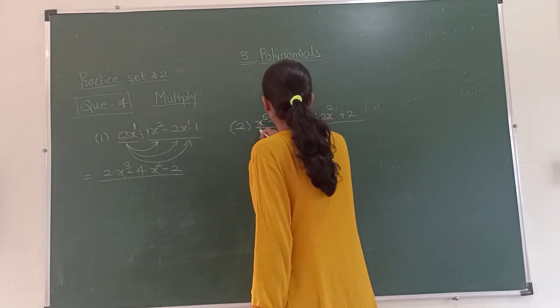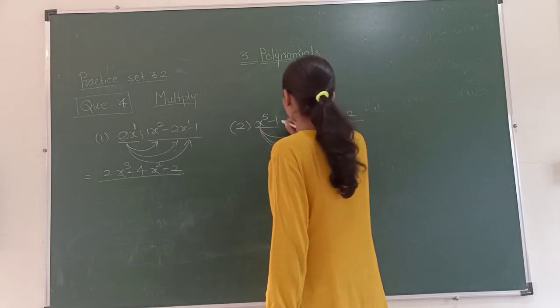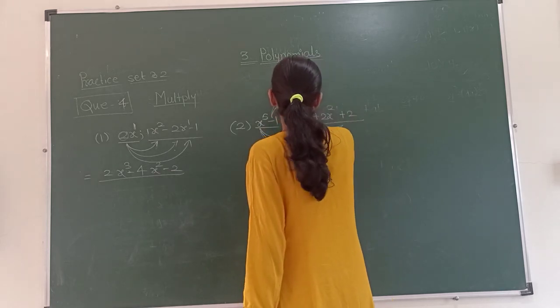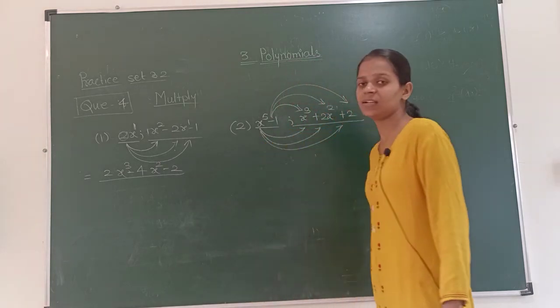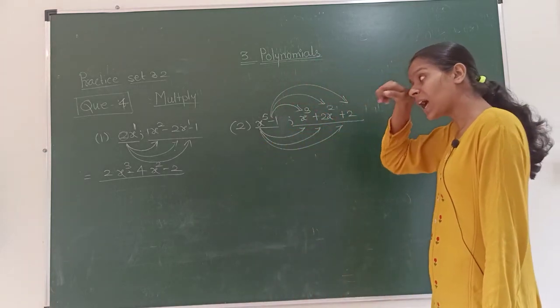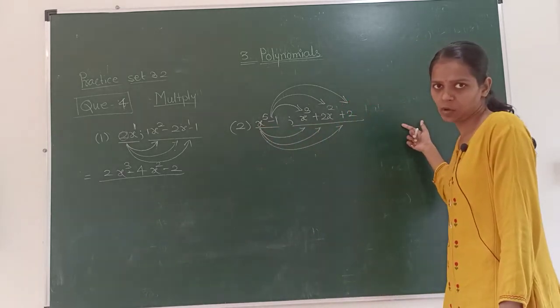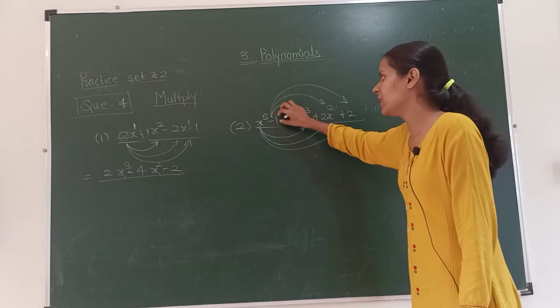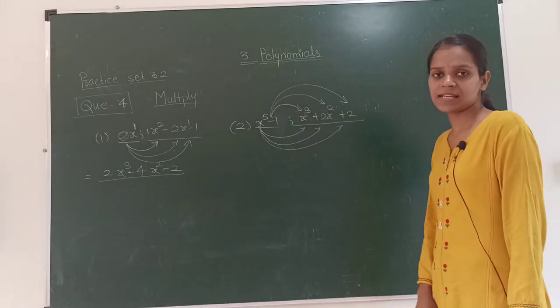We will multiply the first term of the first polynomial to all the terms in the second polynomial, and again we will multiply the second term in the first polynomial to all the terms in the second polynomial.